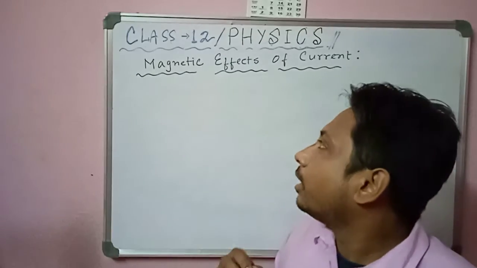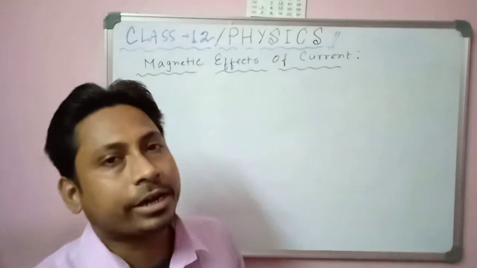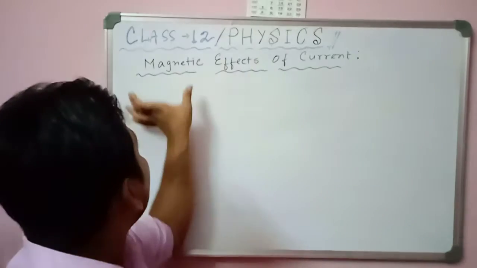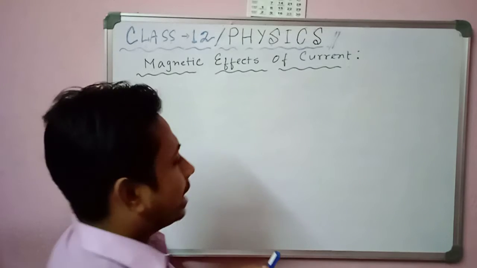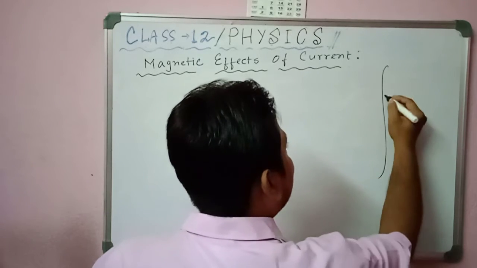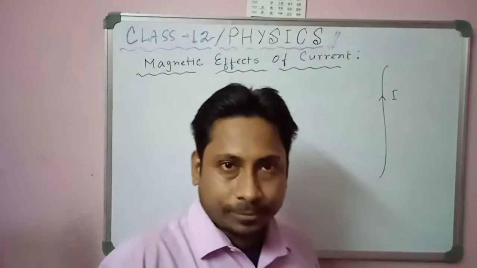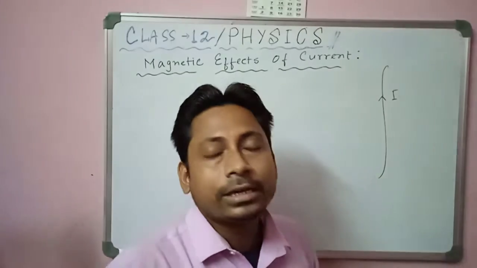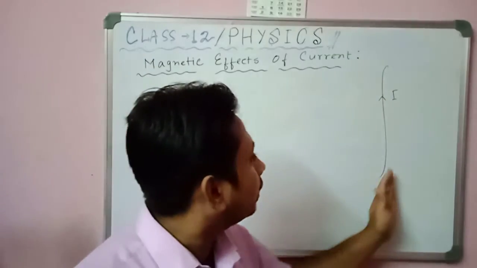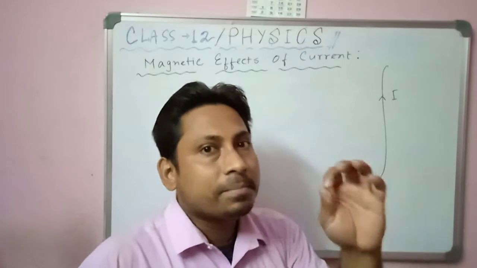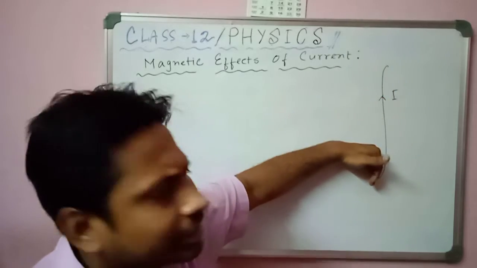So today, we're going to discuss magnetic effects of current. First of all, students, see the name first and understand. Magnetic effects of current. What does it mean? It means if there is a current carrying conductor, whenever current passes through the conductor, electrons flow through it, which means charged particles are moving, actually in the opposite direction of the current.